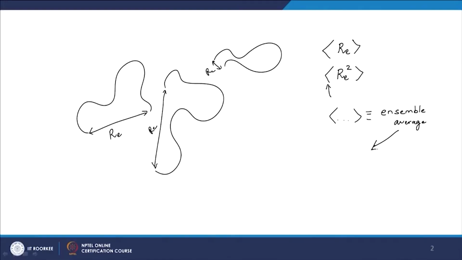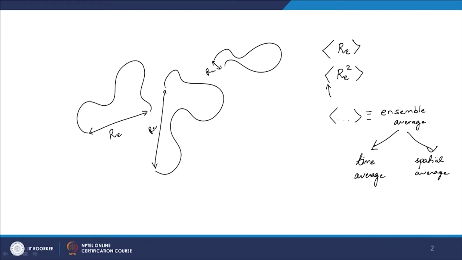We compute the RE of all the chains in the system, and then do what is known as a spatial average. So, this ensemble average can be done in two ways: a time average or a spatial average.